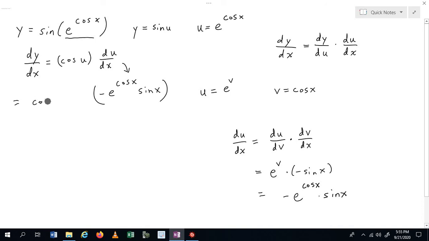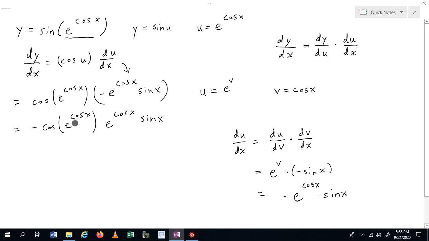So this is going to be cosine of this. Okay, and then let's just clean this up a little bit. Again, you can take this minus 1 and put it in front. And that's all you can do to clean this up.